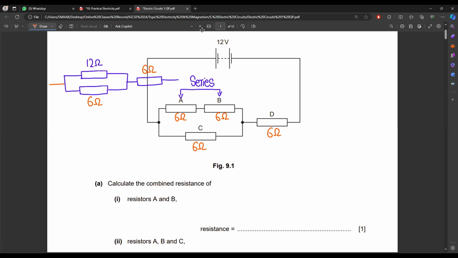Okay. And after this, what is the combination of these two? Parallel. Yes. So they are joined in parallel combination. So we have to apply the formula of parallel on these two resistors.